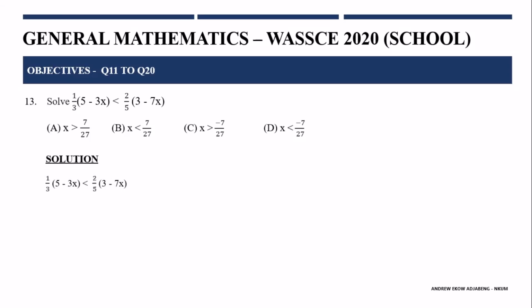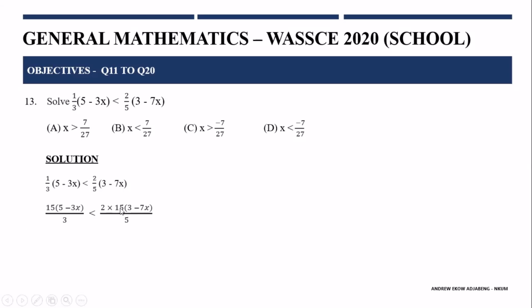First, we need to state down our equation. And then second, we look for the LCM of 3 and 5, which are the denominators of each side. On the right side, the denominator is 5, and on the left side, the denominator is 3. So here the LCM is 15. We multiply through by 15.